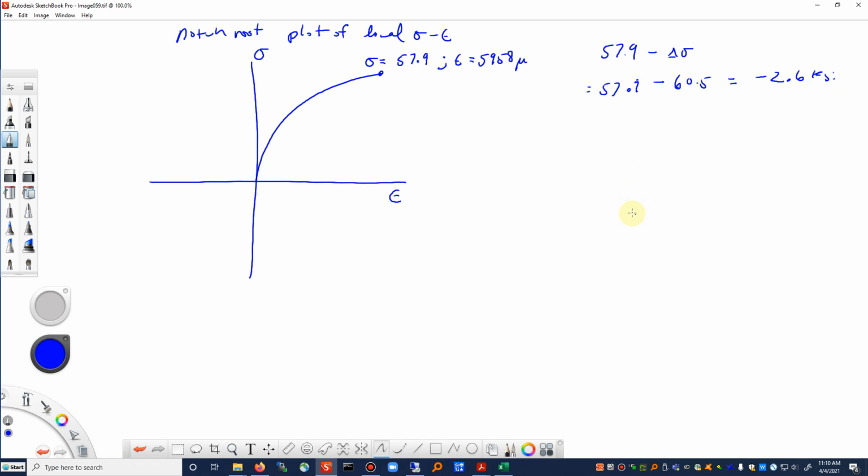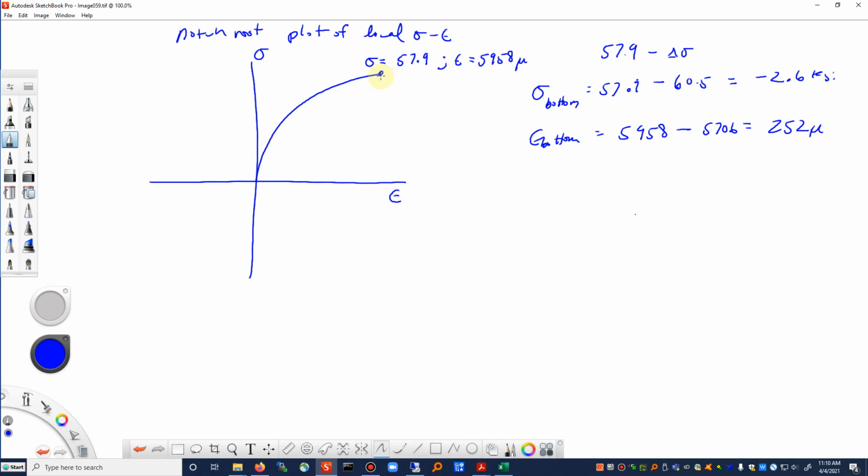And let's see, our strain is our starting strain of 5958 minus our delta epsilon, which was 5706. So I end up with 252 microstrain.